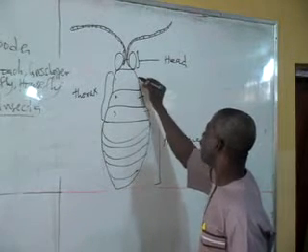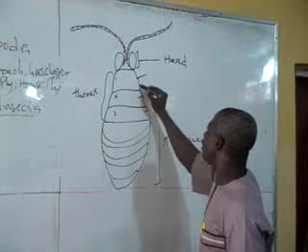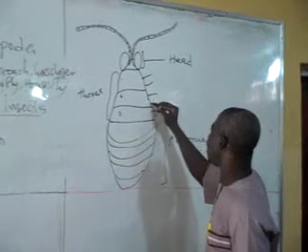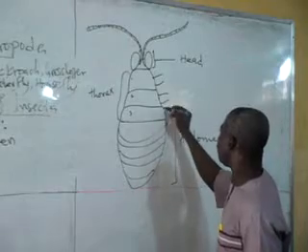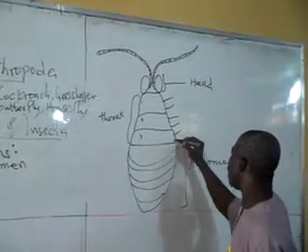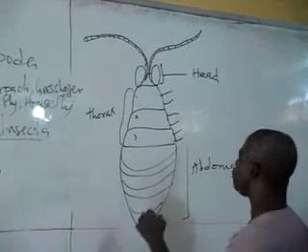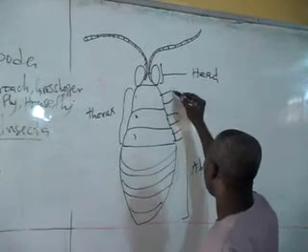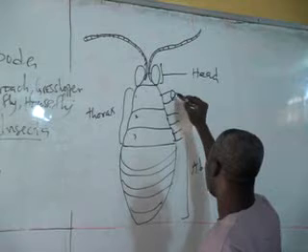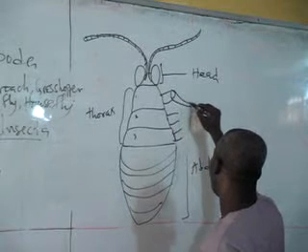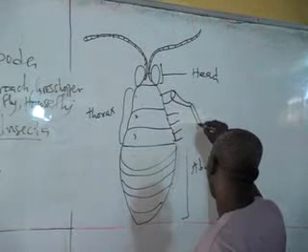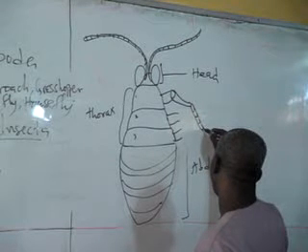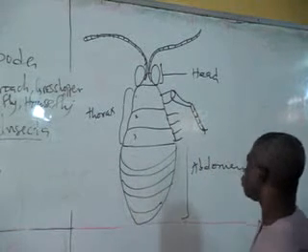Now this is the prothorax. A pair of legs arises from here, then another pair arises from here, then another pair arises from here. We say it's a pair of legs because there is a leg to the right and a leg to the left. So we have a pair of legs arising like that, ending in a cross.